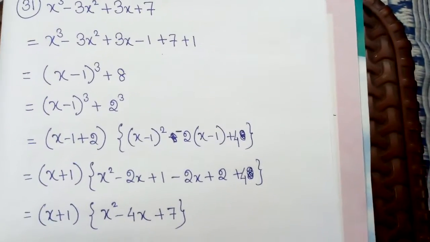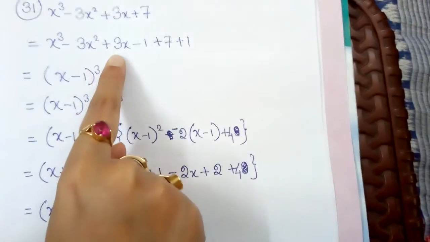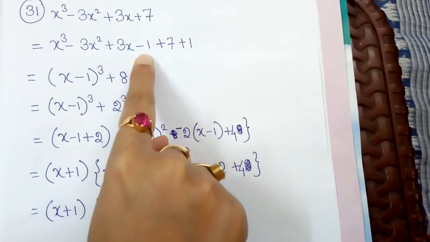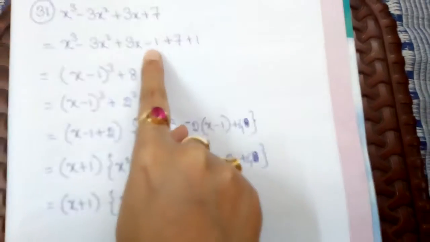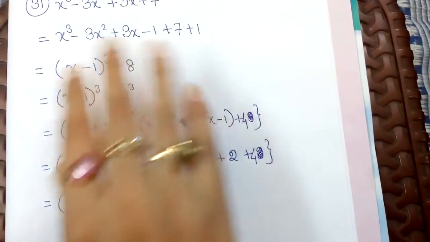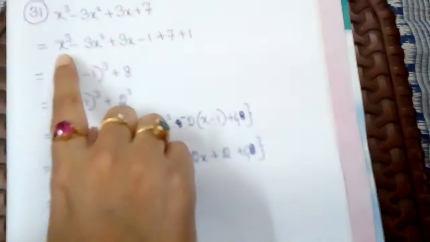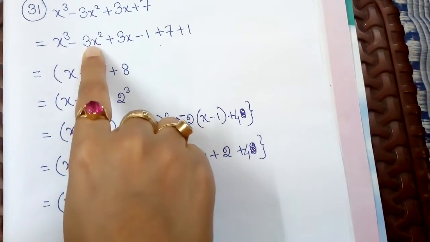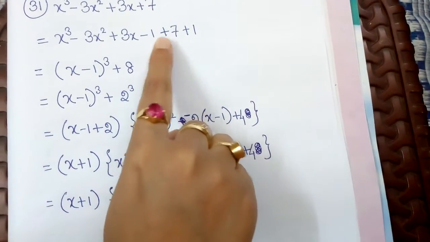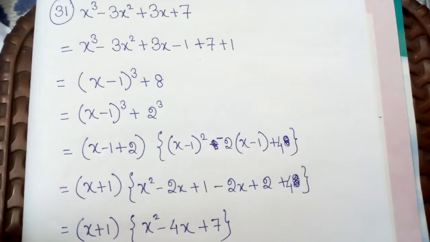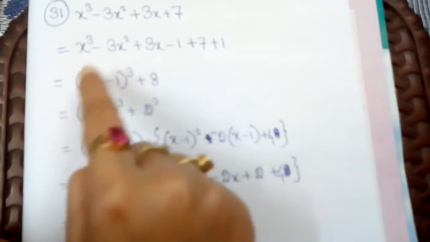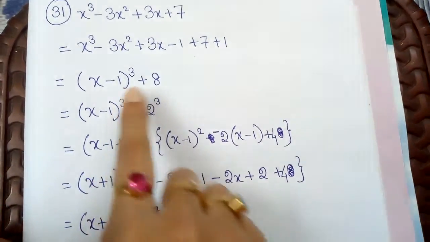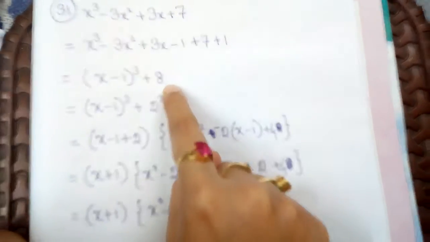So x cube minus 3x square plus 3x minus 1 plus 7 plus 1. So that plus minus can be cancelled and I am not bringing any extra term. So this can be expressed as (x minus 1) whole cube plus 7 plus 1, 8.